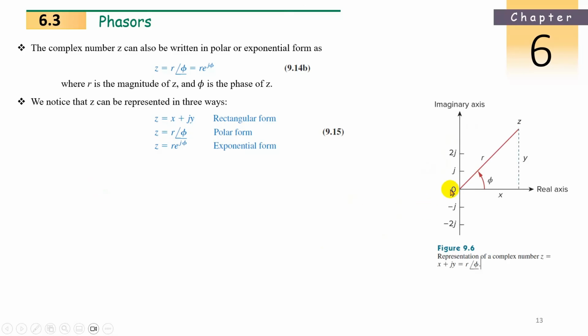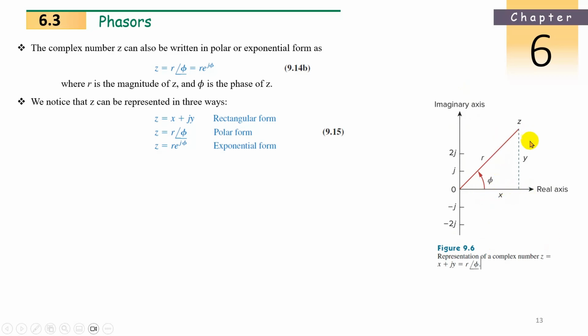Now see here how the complex number can be represented in the plane. The real axis is on the right-hand side, generally the x axis, and the imaginary axis is the y axis.